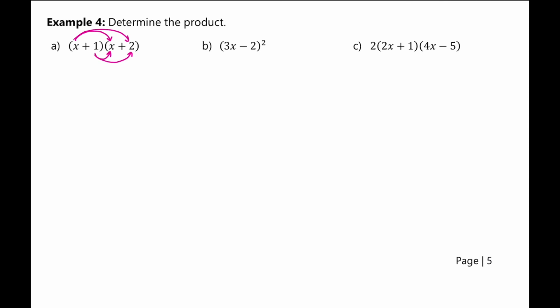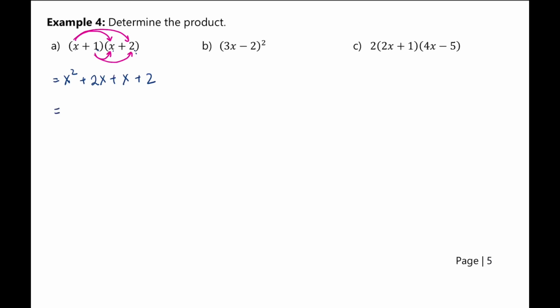I'm just going to rewrite this. So x times x, x squared. We add them. x times 2 is 2x. We have 1 times x, which is x. Lastly, we have 1 times 2, which is 2.